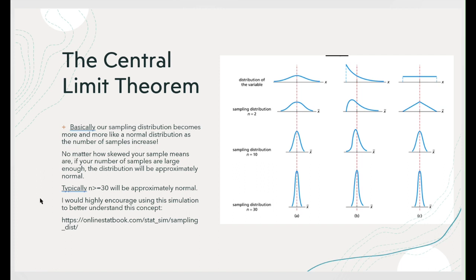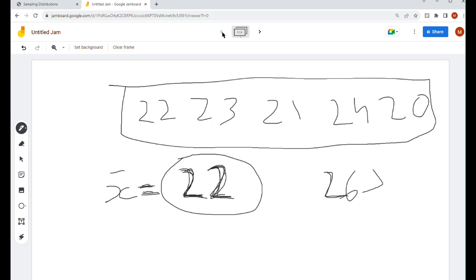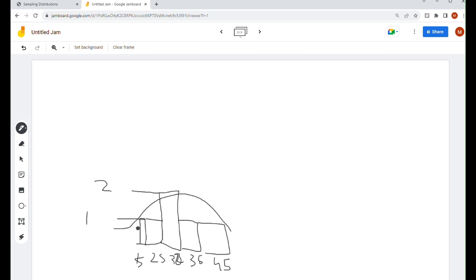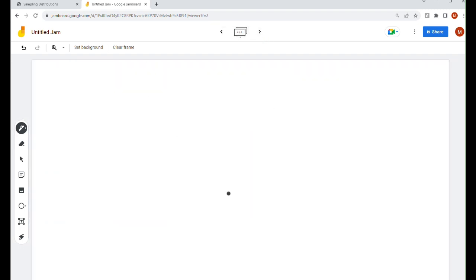So what we talked about initially, we talked about this sort of sampling distribution, where we took all the combinations of samples of size 2 and made a sampling distribution out of them, and it had sort of this symmetric shape, right? So let's say we're taking the average age of every single human being, right?